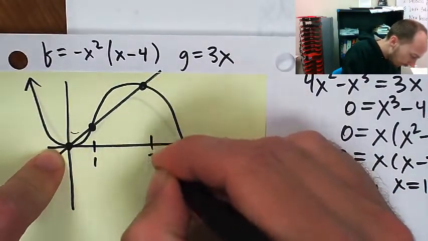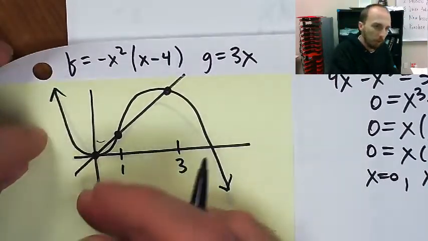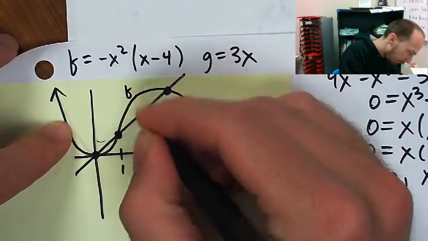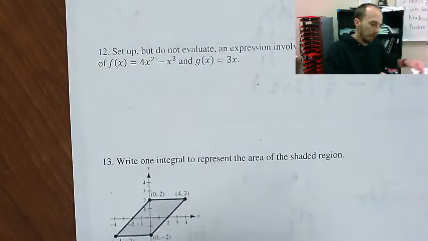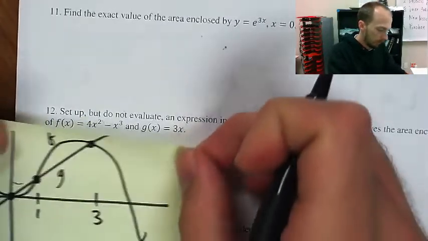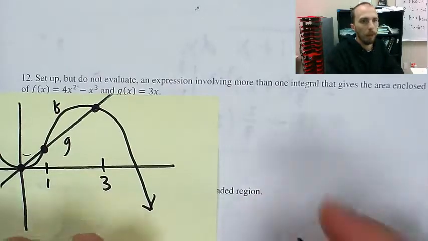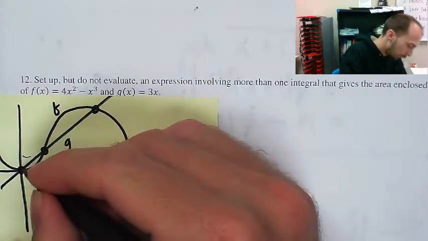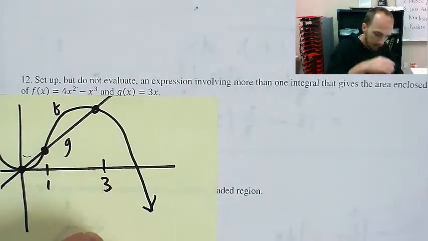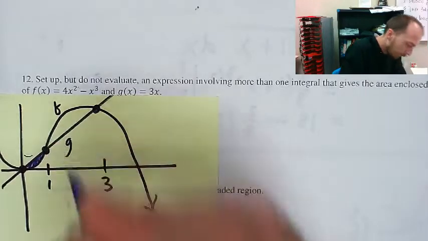So that'll be 1, and that will be 3. Maybe I'll label these: f is the curve and g is the straight line. If I want to write one expression that has more than one integral, the first one, I'll do this one in blue.